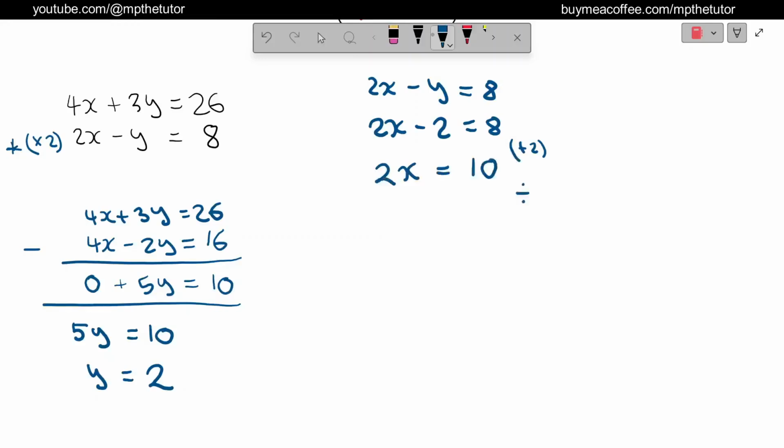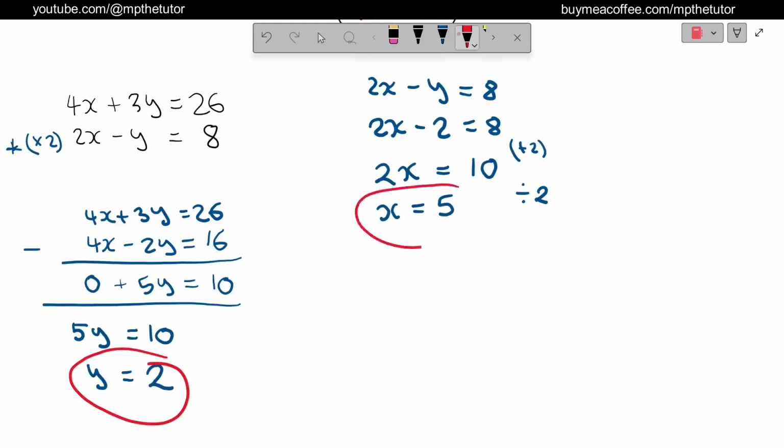And then we divide by 2 so that you get x equals 5, and that's our answer. So I'm going to circle in red our two answers for y and for x. So this is method 1. It tends to be quite an easy way to get rid of things at times, but that's only if it's laid out nicely. The numbers can get a bit big.